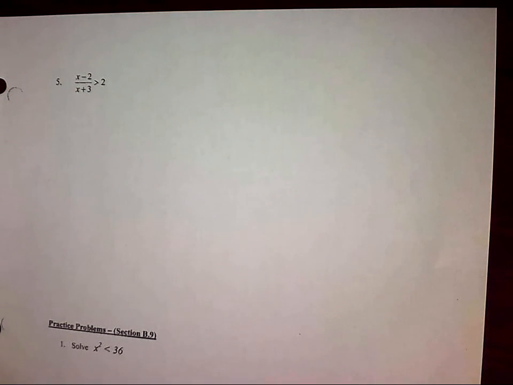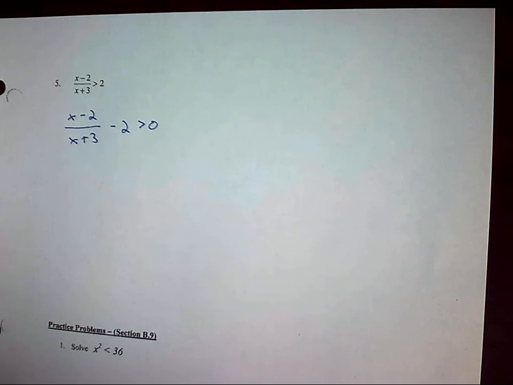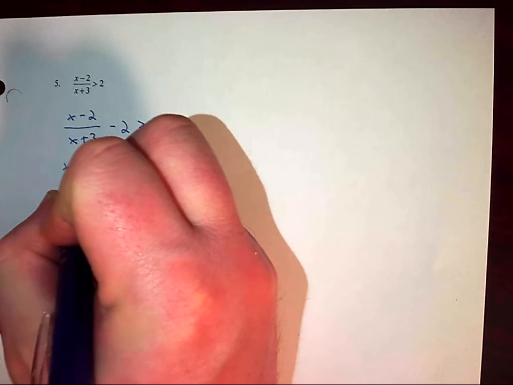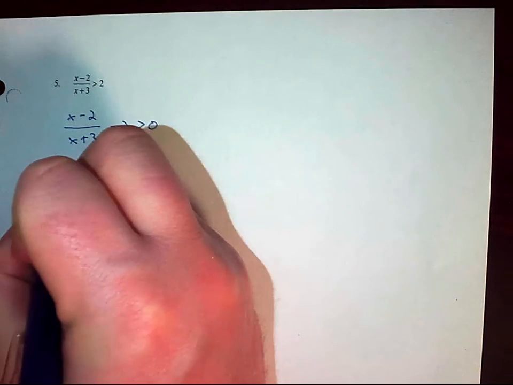It asks us to do a little bit of extra work here, because again we want to bring everything over to one side and have the other side equal to 0, which means that we have this right here. Now the problem is that we don't have common denominators, so the first thing we have to do is get a common denominator.